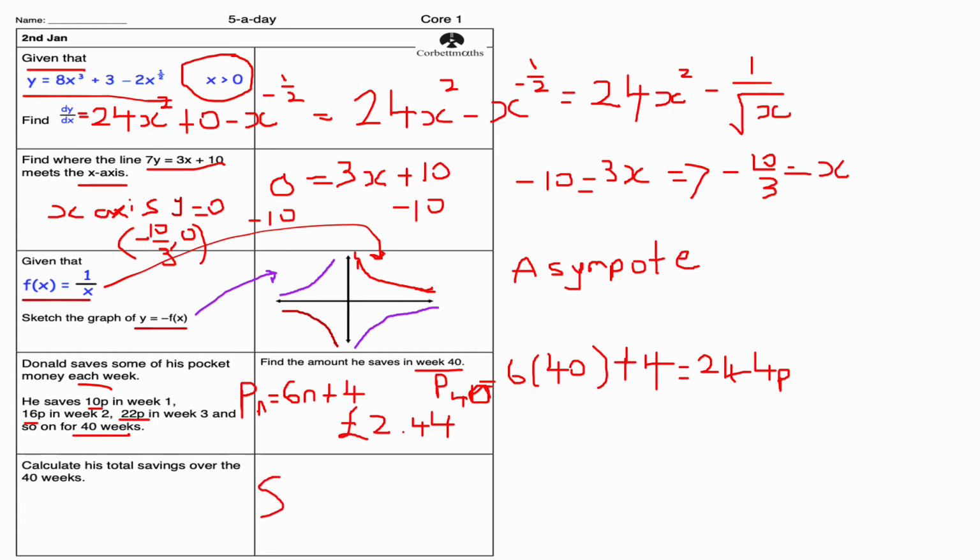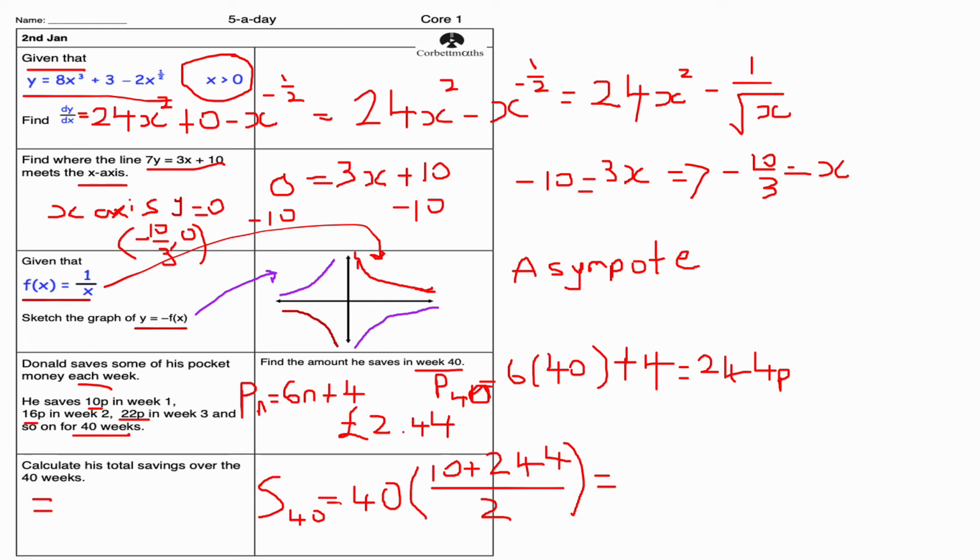So the way I remember it, the S of 40, the sum of 40, is equal to 40 brackets, and then it's the first term plus the last term, so it's 10 plus 244, leaving our answer in pence and then we'll change it. So the first term plus the last term in my sequence, divided by 2, and then I'll just enter this in my calculator, because at A-level maths they allow you to use your calculators.